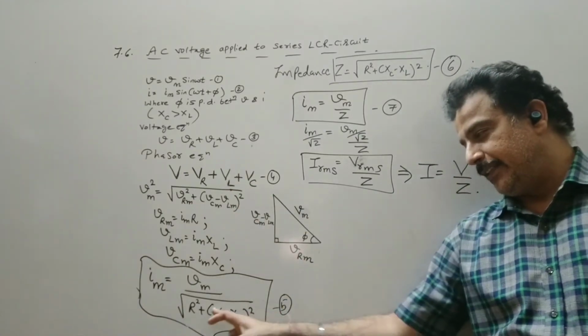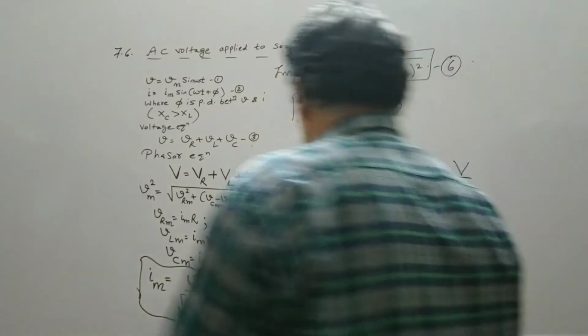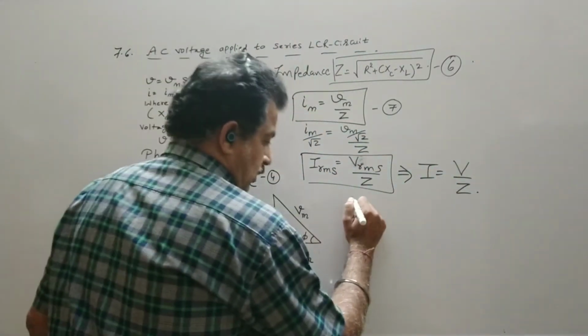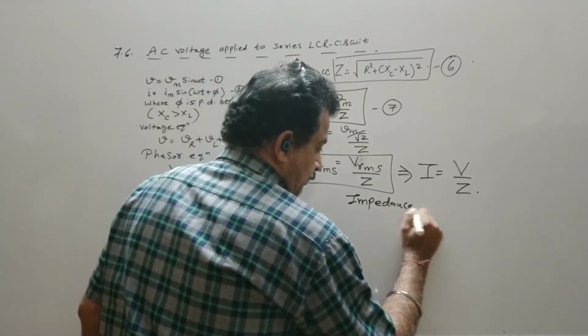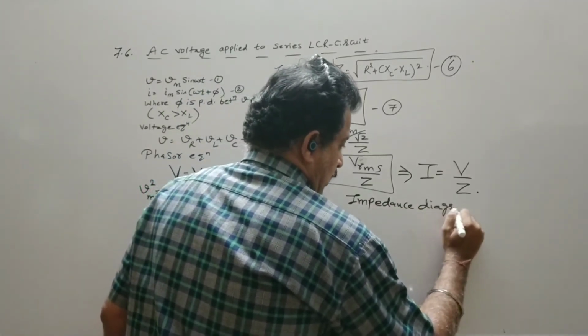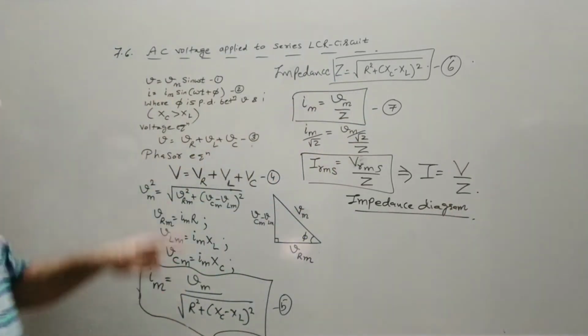So here it is (XL minus XC) whole square. Now we draw an impedance triangle or impedance diagram. The impedance triangle can be used to find the phase difference.